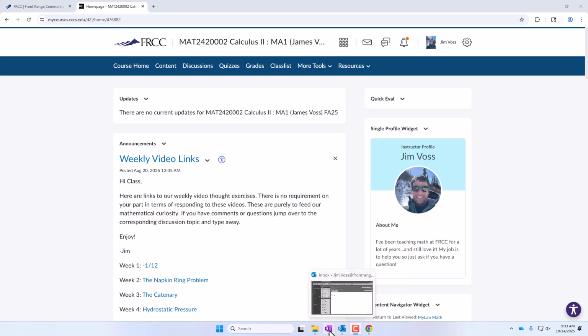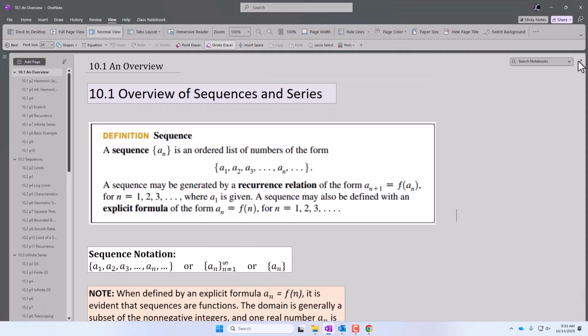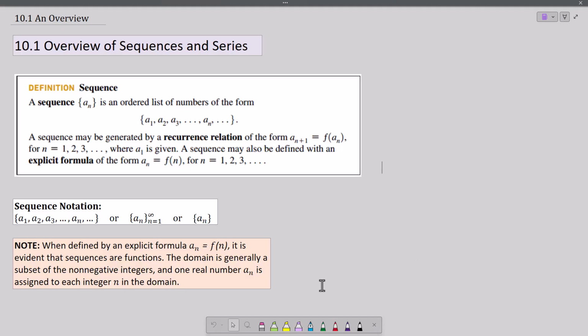So this is kind of the gauntlet topic that many have heard about. And we alluded to this topic when we talked about improper integration.